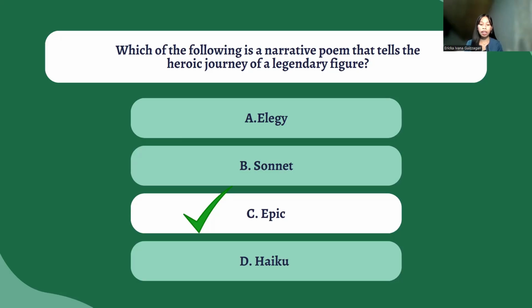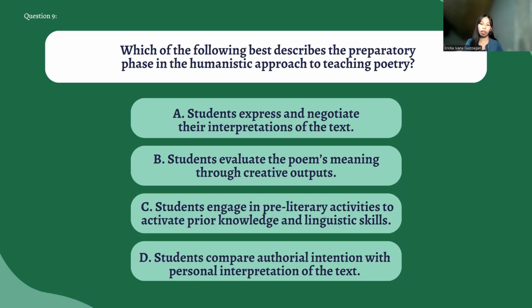Letter B, sonnet, is also incorrect because it is a 14-line lyric poem. And letter D, haiku, is a short 3-line poem focusing on nature or emotion. So letter A, letter B, and letter D are not the correct answer for this question.